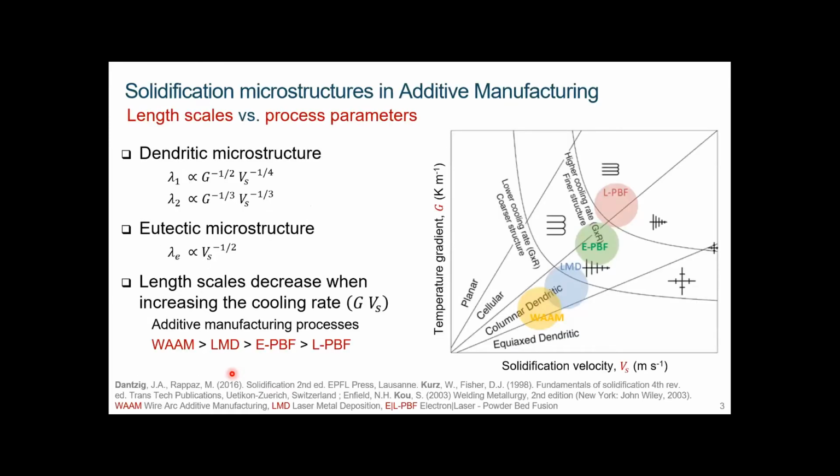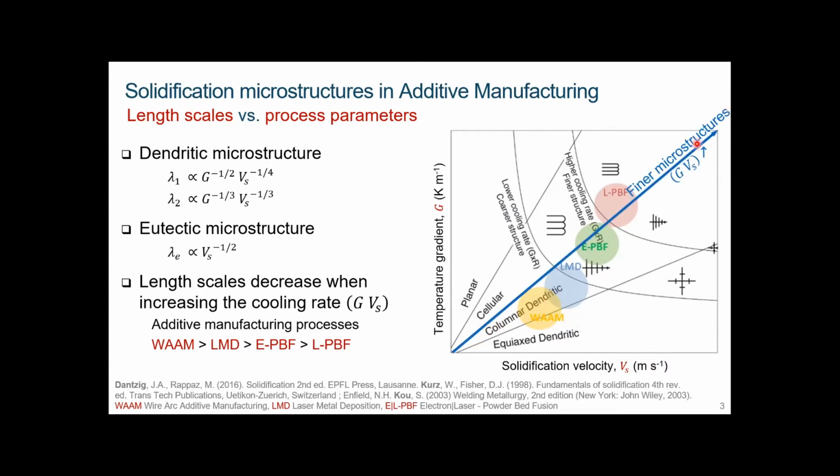These are classic relations showing the length scales for primary dendrite arm spacing and secondary dendrite arm spacing, and also the eutectic lamellae spacing as a function of the solidification velocity V and temperature gradient G. And basically what you find in textbooks is that when you increase the temperature gradient or when you increase the solidification velocity, you get a finer microstructure.